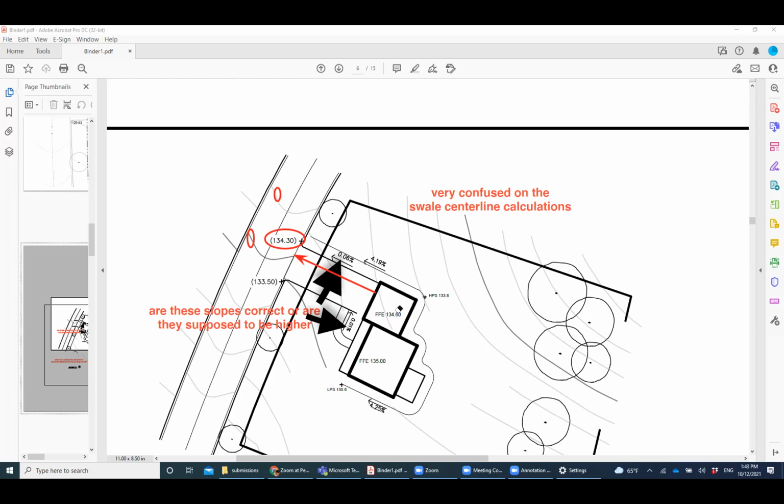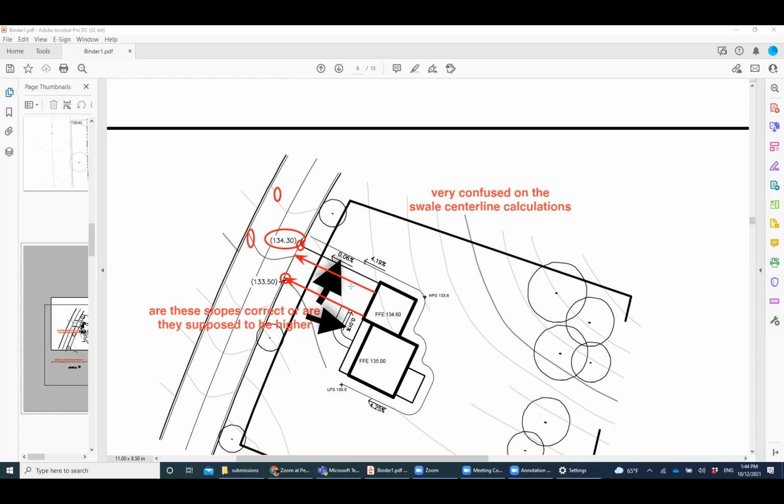So you need to measure your driveway length and double check, and then recalculate the 2 spots that I just circled. Recalculate this one and that one, and then re-verify that the slope does not exceed 10% with your FFE equal to 134.60.